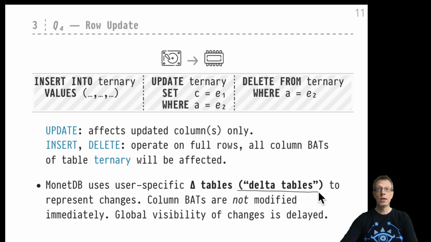All right. And delta tables are a place where the system maintains a protocol of what has actually been changed in the BATs.